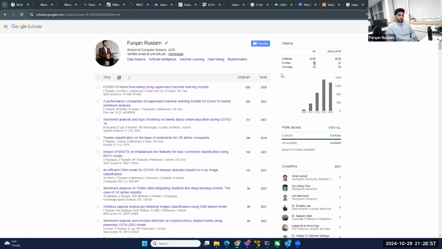which is about how many papers. The h-index is more valuable than the i10-index. It shows the impact and of course the quality of your work. So the h-index is how many papers cross how many citations. Like in this case, I have 32 papers which cross 32 citations.